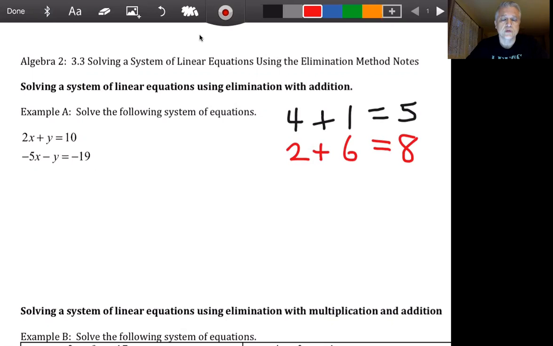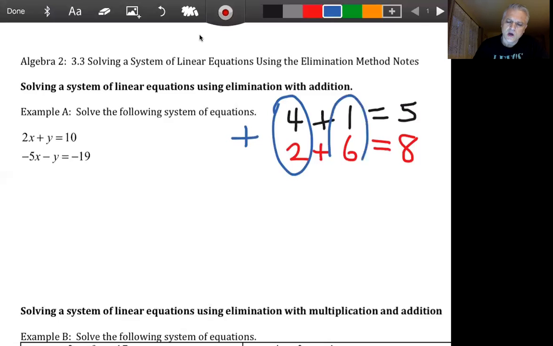Now, what if I add each column of terms in the equations? I'm going to keep the equal sign on top of each other, so I'm going to bring an equal sign straight down here.